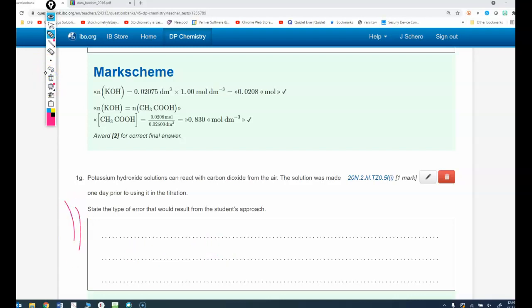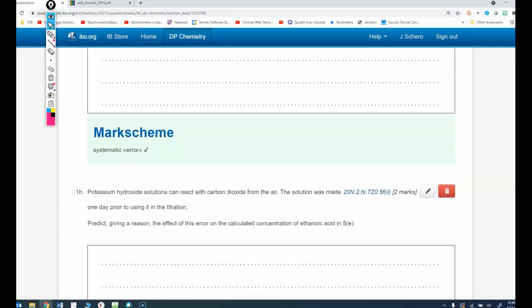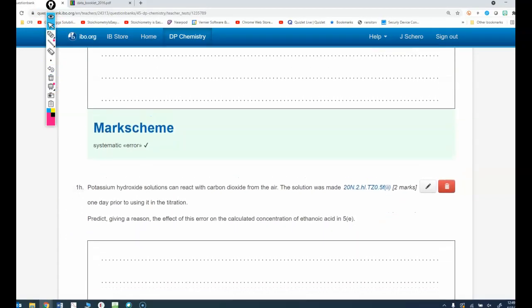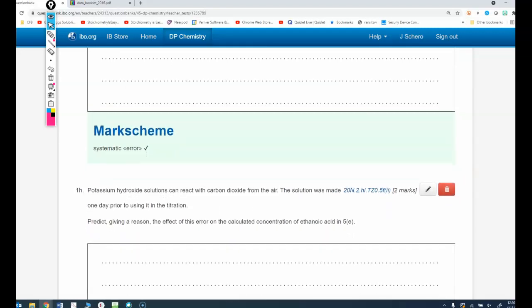Okay, then we get to the next question. Predict, giving a reason, the effect of this error on the calculated concentration of ethanoic acid.